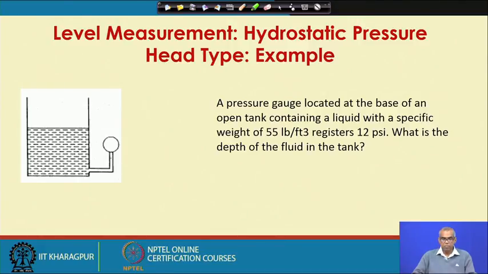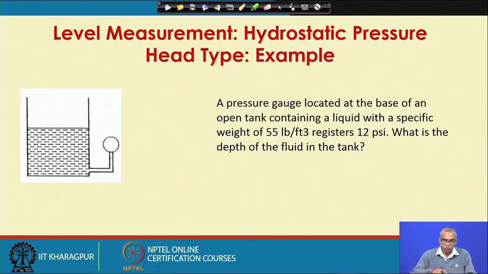Again, let us take a very simple numerical example. A pressure gauge located at the base of an open tank containing a liquid with a specific weight of 55 pound per feet cube registers a pressure of 12 psi, 12 pounds per square inch. What is the depth of the liquid in the tank?